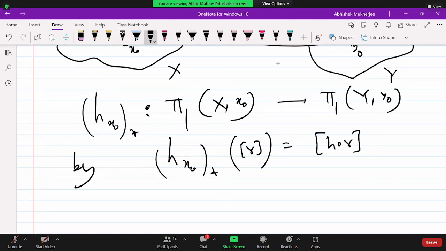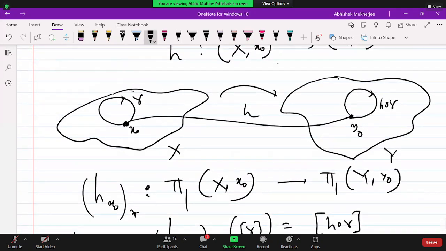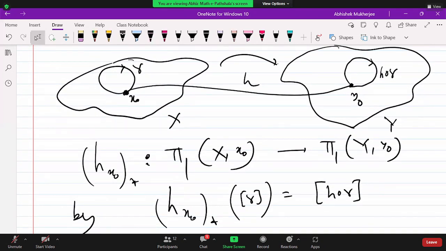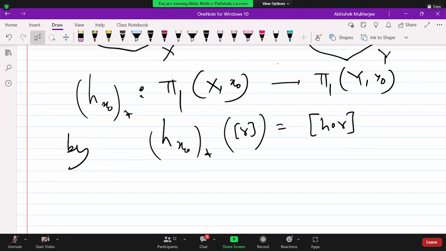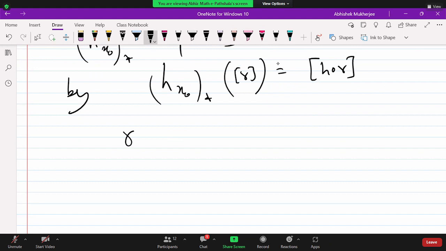Now, one might be confused whether it is well defined or not. Certainly, it is well defined because of that exercise. Suppose you take two paths, one is gamma, another one is gamma dashed.